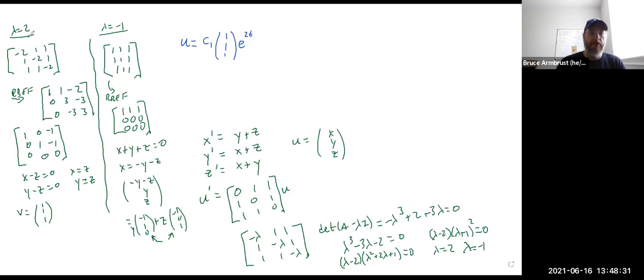So it was lambda 2, and my vector was 1, 1, 1. All right, then I'm going to get c2 times, pick one of these, so let's take that first one, [-1, 1, 0] times e to the minus t. And then lastly, we're going to have c3 times [-1, 0, 1] e to the minus t.